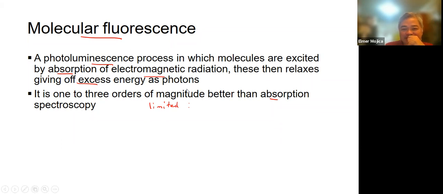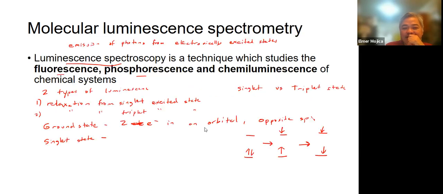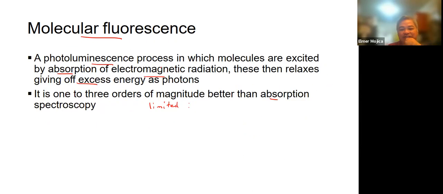What's the main reason? Anyone want to guess? Why do we say it is limited? Because it is only applicable to those samples that fluoresce, or the term they use, fluorescent samples.